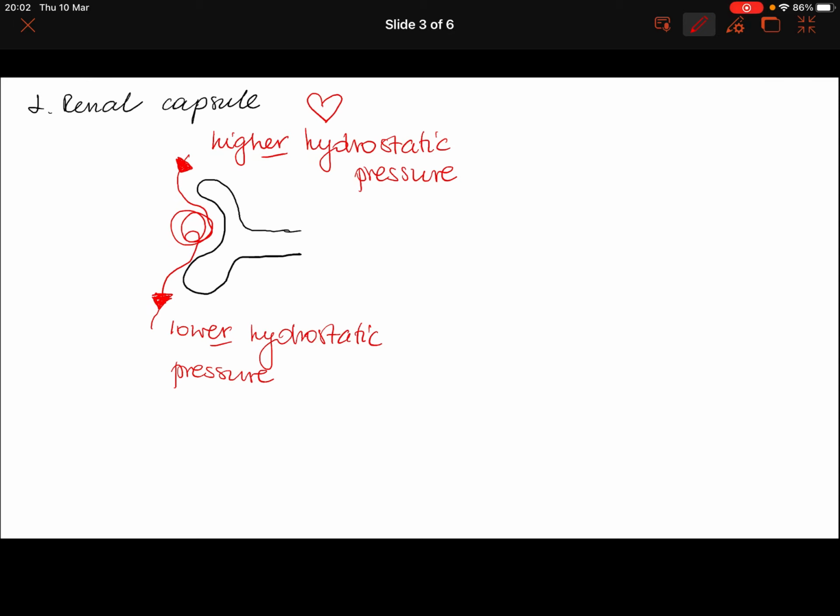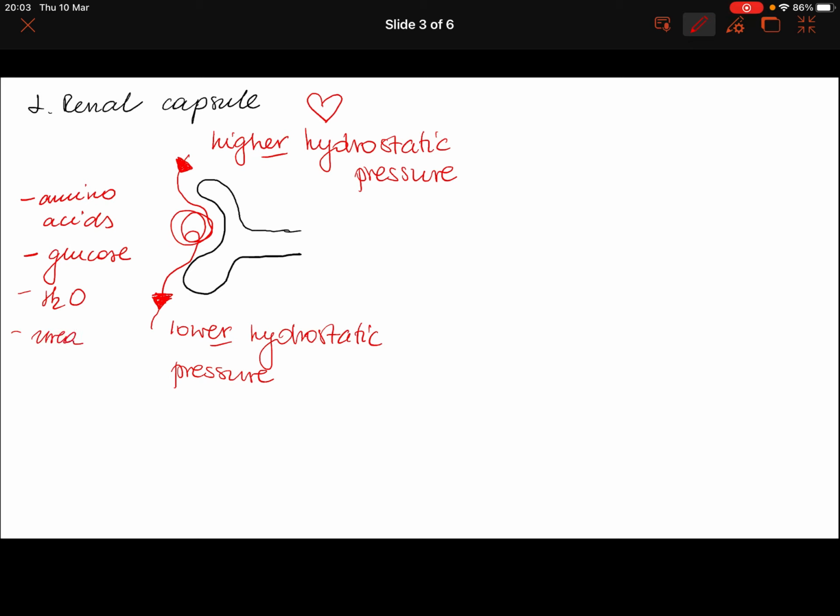Obviously, within our glomerulus, in the blood capillaries, we've got many important things that we wish to get back to our body. So it could be amino acids, could be glucose, could be water, could be urea, any small molecules.